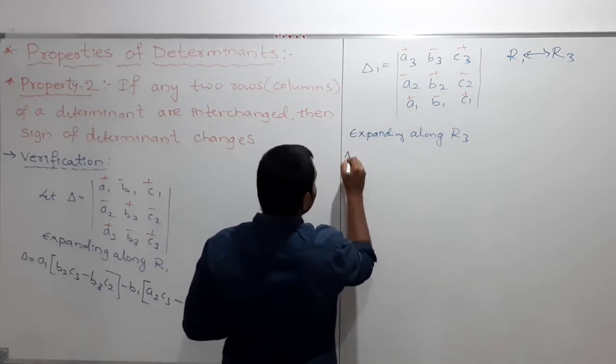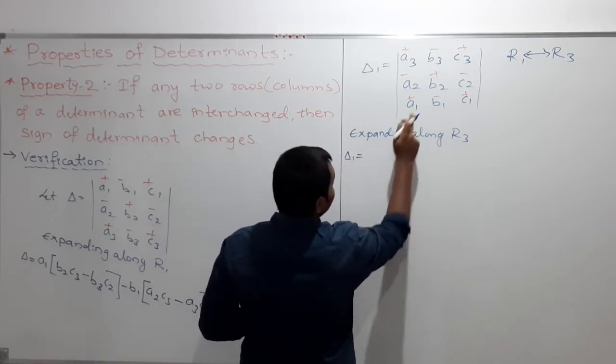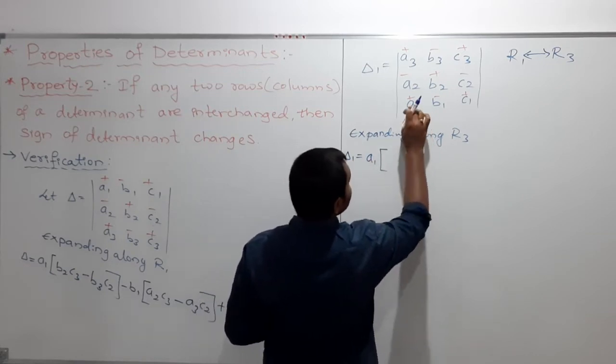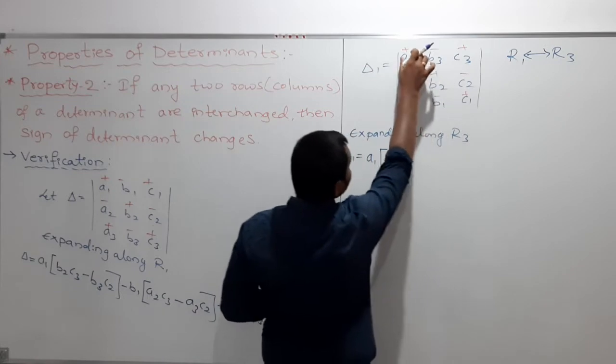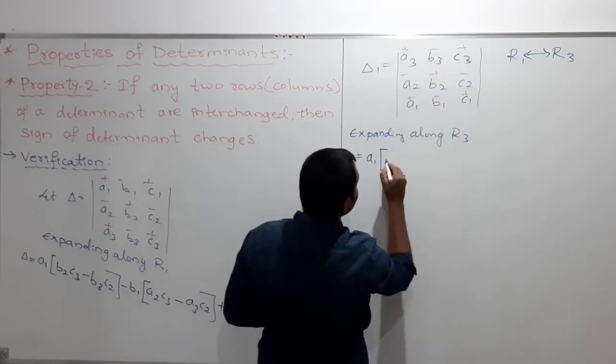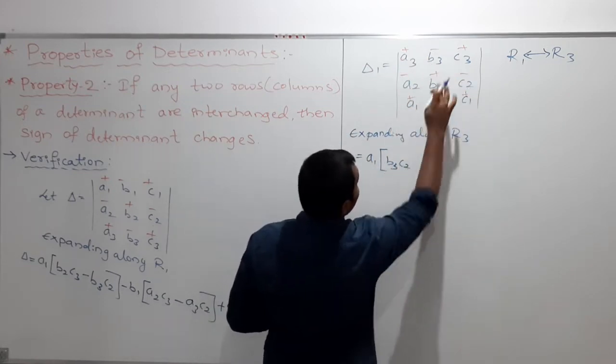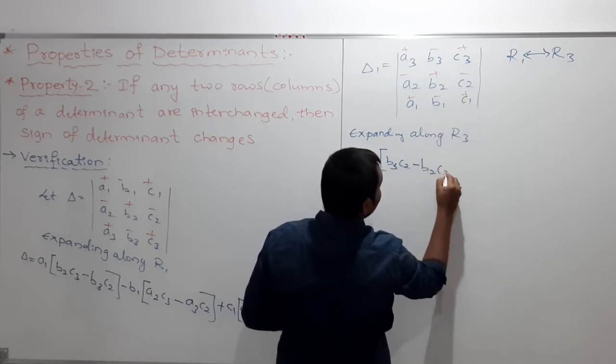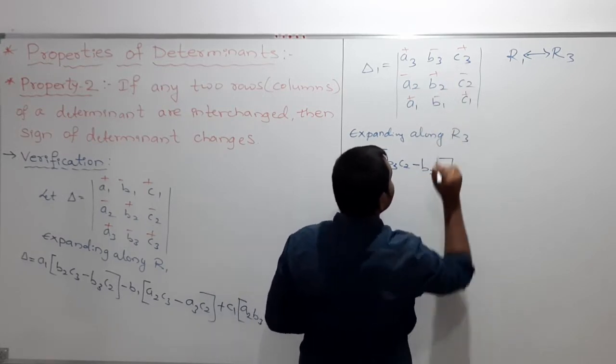So therefore, delta 1 is equal to plus a1 into, again leave this row and this column, now b3 into c2 minus of b2 into c3.